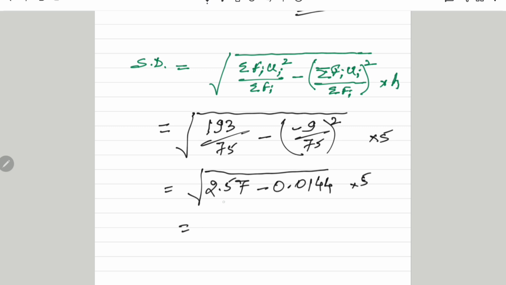If we find the value of that square root of (2.57 minus 0.0144) into 5 with the help of calculator, we get that value as 7.99.